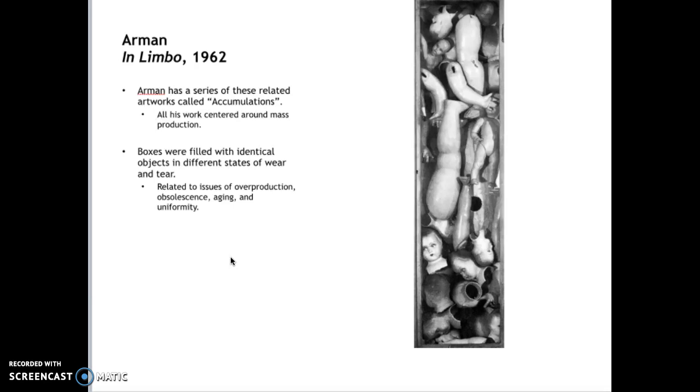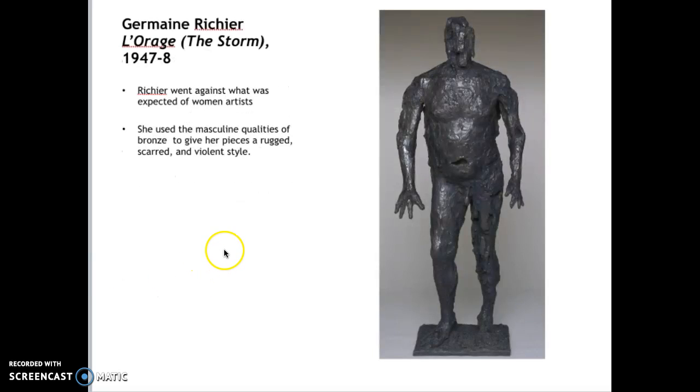They're in a coffin-like stance. They have to do with mass production, but they're unusable. All these different aspects, again, are emphasized. And this is Germaine Richier's L'Orage, or The Storm. So she sort of used the masculine qualities of the bronze to give a rugged scar.